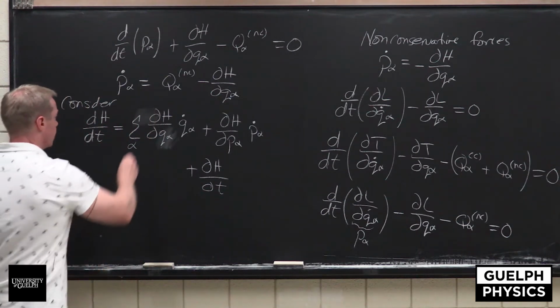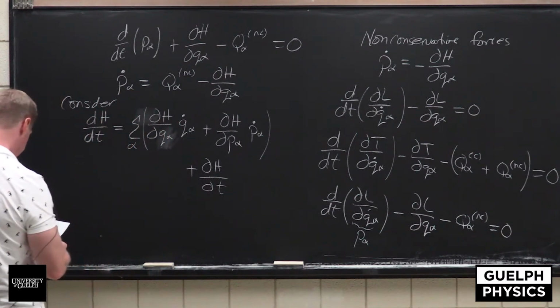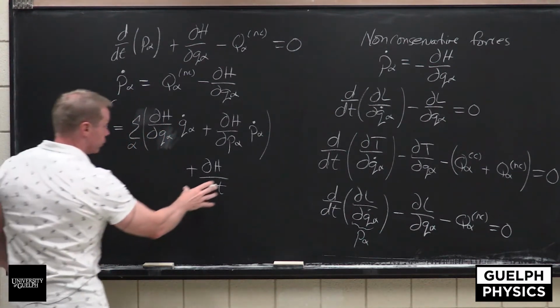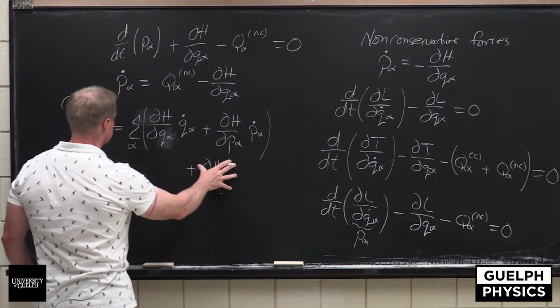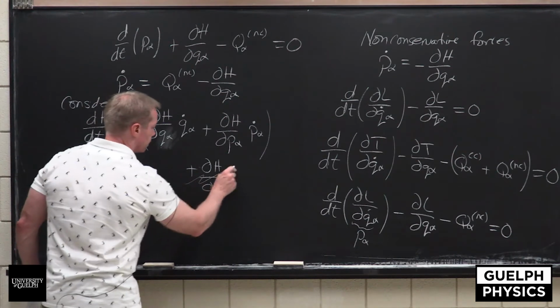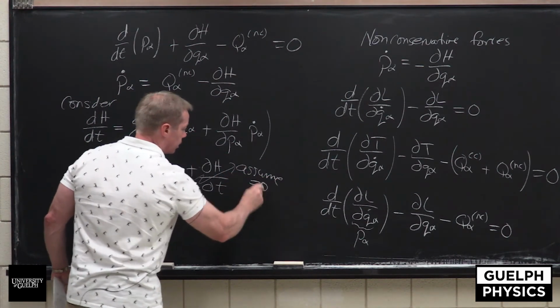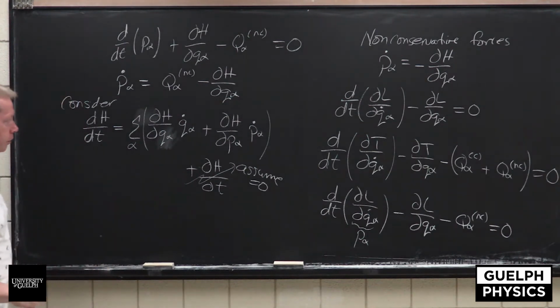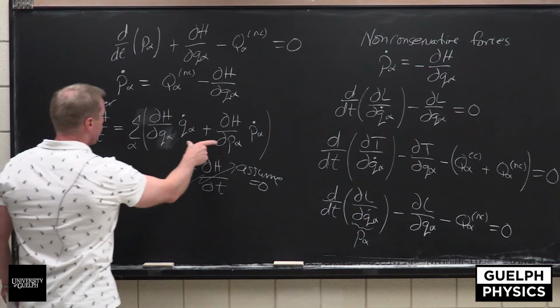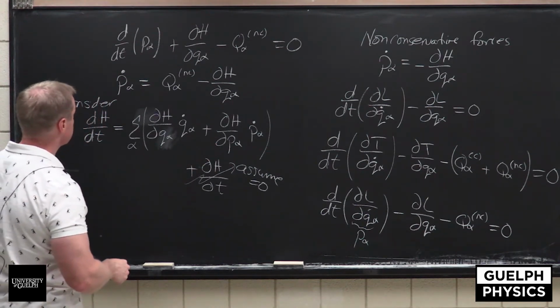And so we have all of these terms. And if we have no explicit time dependence, we will assume that that last term is equal to 0, and then we can start making substitutions.